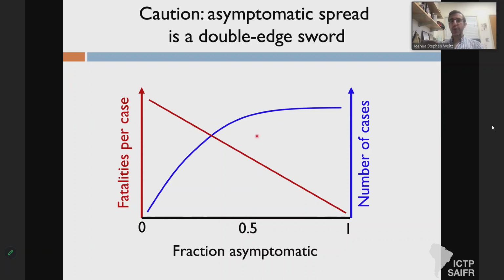What this is starting to imply at the population level is that the severity that we worry about is the cumulative fatalities at the population, which is a product of the number of cases times the fatalities per case. Where do you think this is going to peak? In the middle.